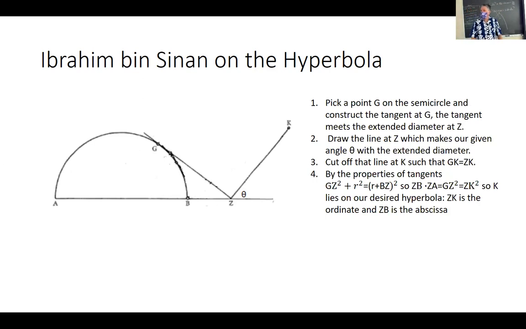Okay, so what you do then is you pick a point G on the semicircle and you put in its tangent. That's something you can do by straight edge and compass.